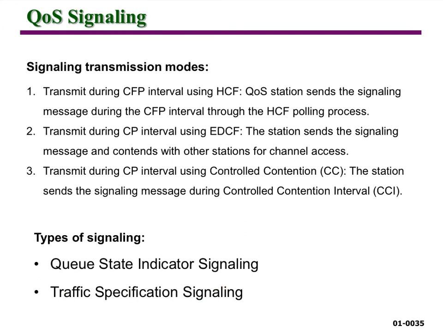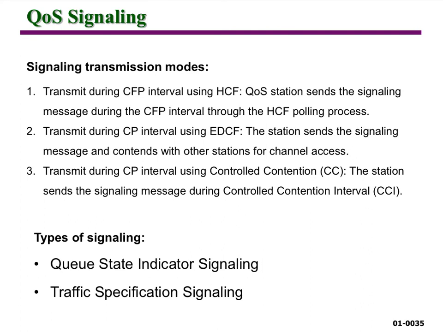There is another way of sending the traffic demand based on the queue state indicator. What does this mean? This means that each node maintains an internal queue, right? What if this queue is empty? This indicates that the node is not actually sending a huge amount of traffic.